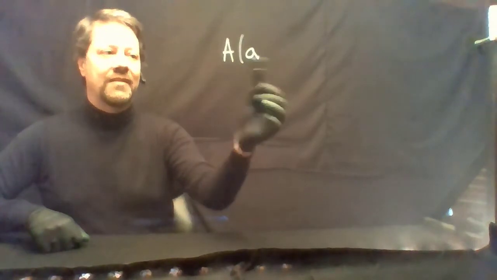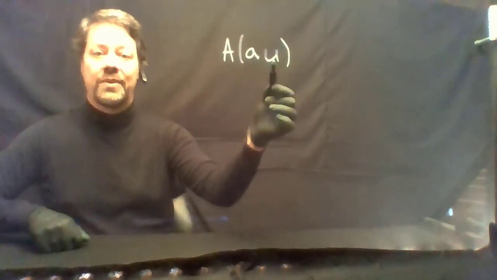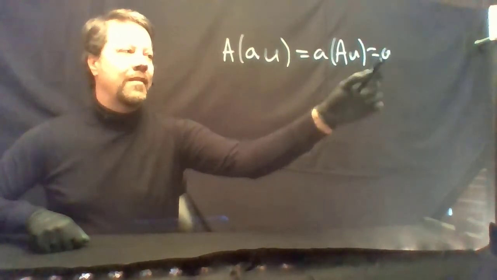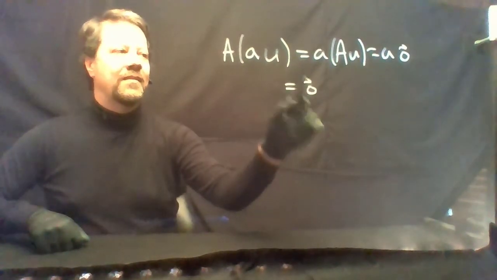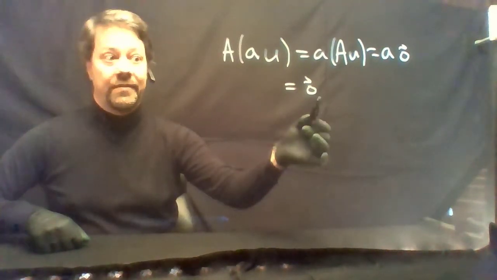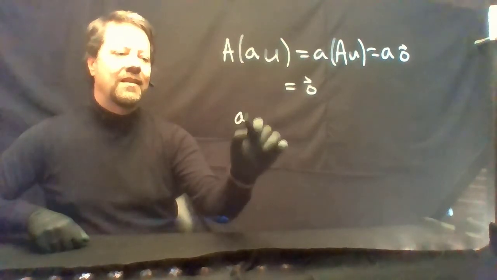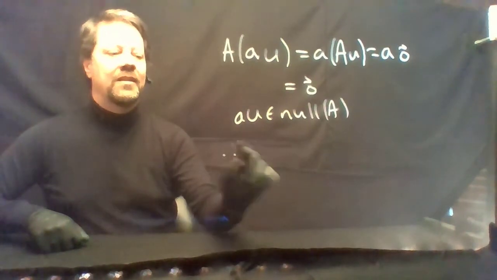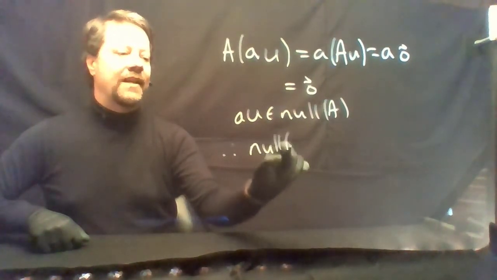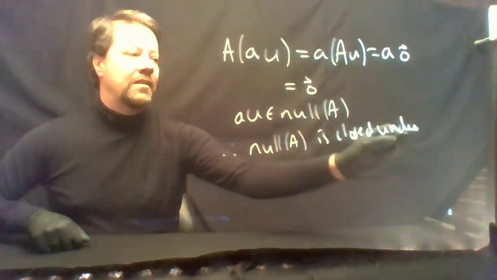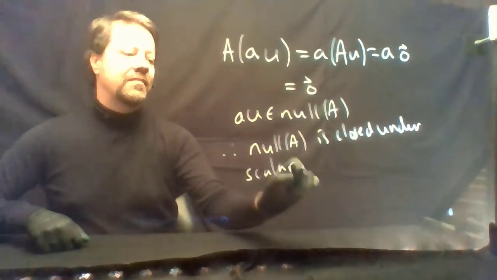To show that the null space is closed under scalar multiplication, take a scalar times U, where U is in the null space. Since AU is the zero vector, and when you rescale the zero vector, you get the zero vector, that means cU must be in the null space of A. So the null space of A is closed under scalar multiplication.